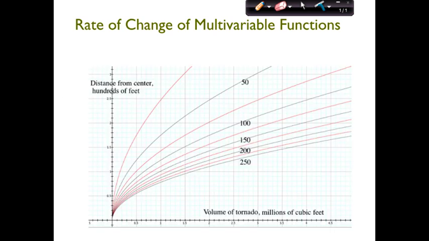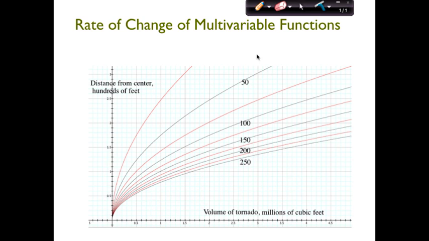So here's a new example. This is the wind speed in a tornado, all right? And that's a function of the size of the tornado in millions of cubic feet, and the distance from the center of the tornado in hundreds of feet. So the further you are from the center, what happens to the wind speed?